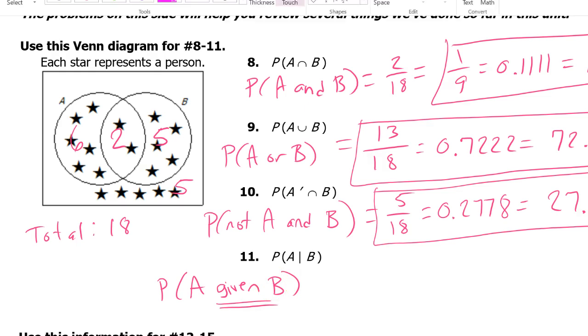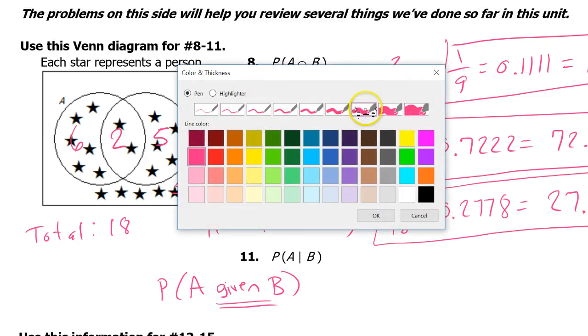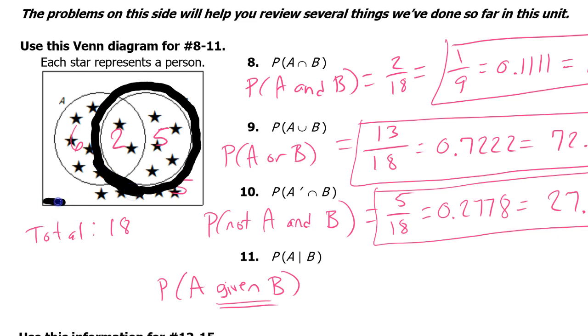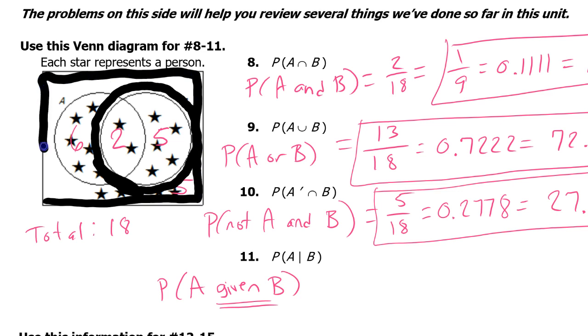So we are given B, so that means we're going to black out everything except for B. So all of this is gone.